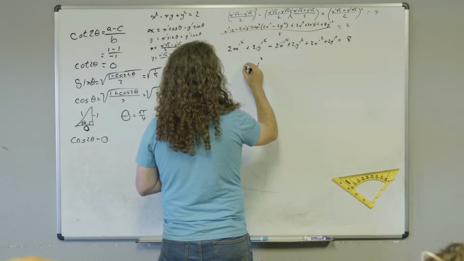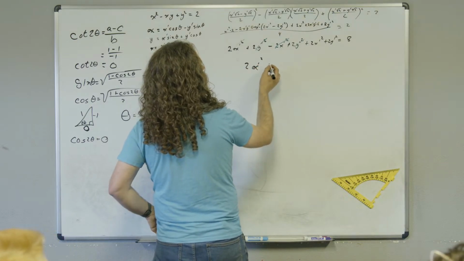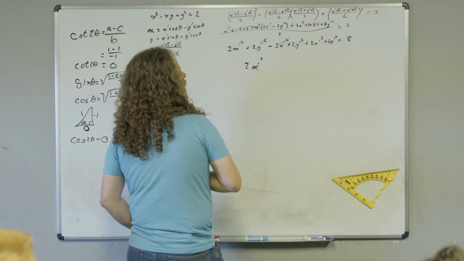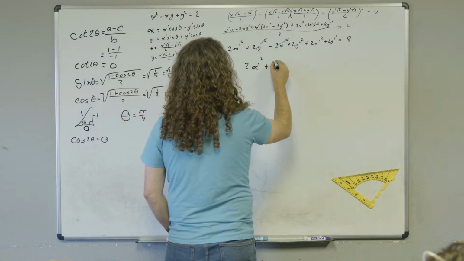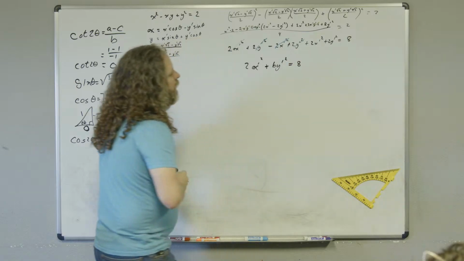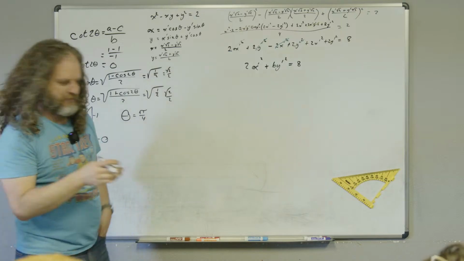So 2x, we'll deal with dividing by whatever in a second, because we're definitely going to need to do it because it's going to be an ellipse. So 6x prime squared plus 6y prime squared equals 8. It's an ellipse, so just kidding, divide everything by 8 instead.